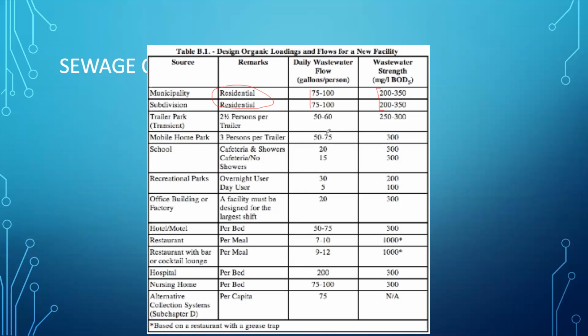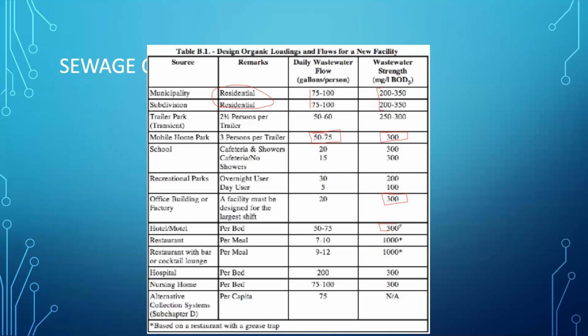Mobile homes, slightly smaller flow rate, but slightly stronger wastewater strength. Schools, recreational parks, office buildings. So office buildings have higher wastewater strength. Don't know why.